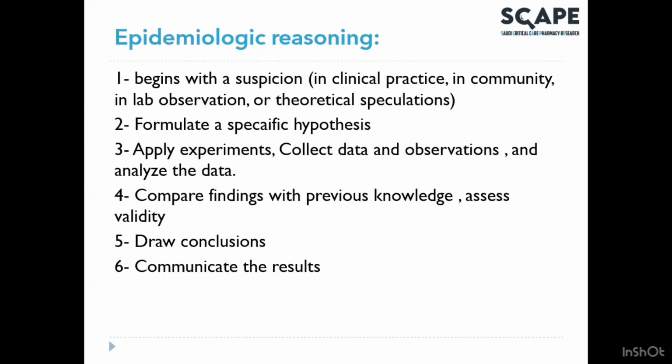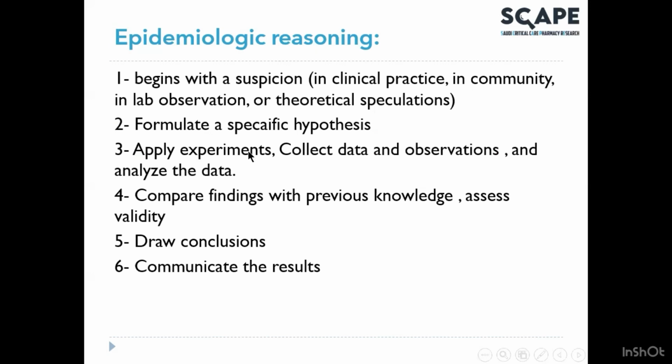In epidemiology, we use a specific reasoning to study disease. We begin with a suspicion, and this usually comes from clinical practice, or the community, or lab observation, or it could be theoretical speculation. We then formulate a specific hypothesis.